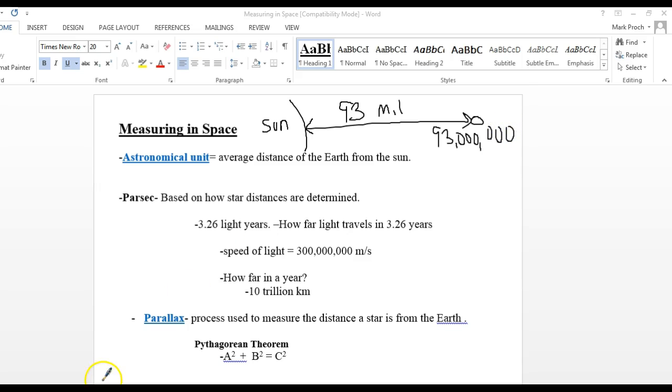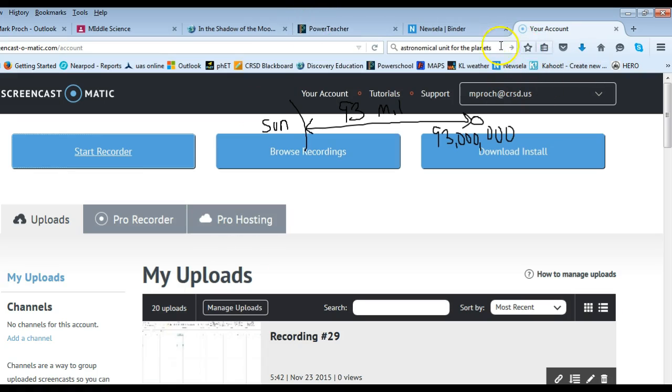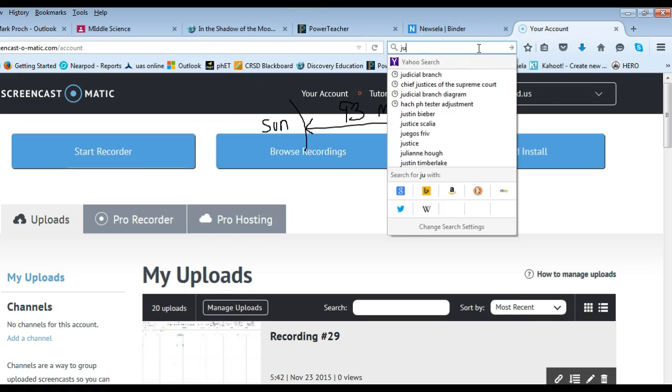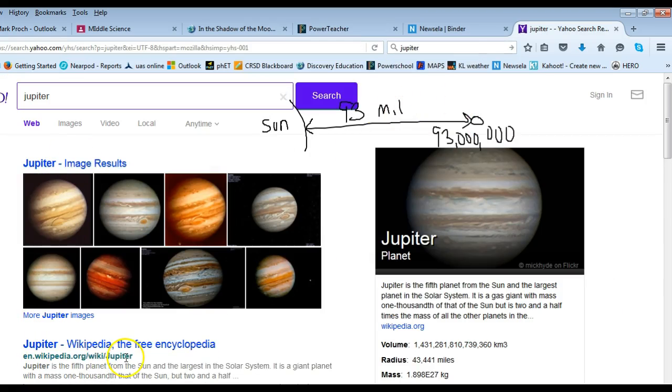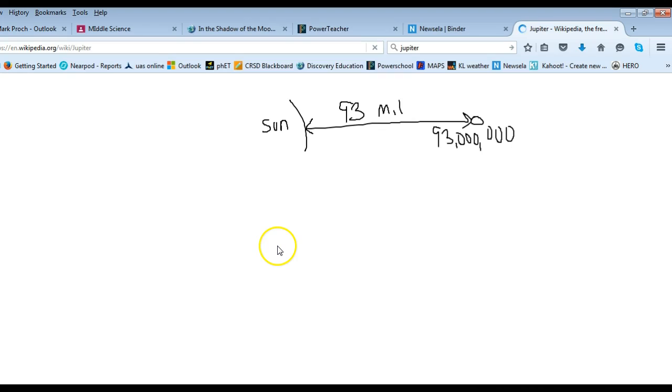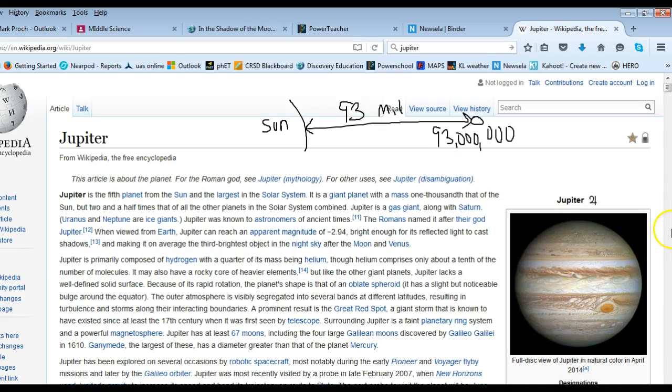But if we looked at something like, let's say Jupiter, let's just look that up. And then we see how far away it is. Let's see, what does it say real quick here?